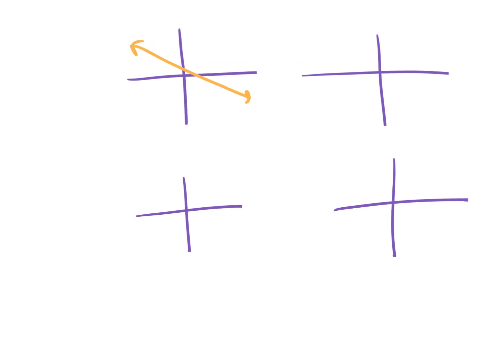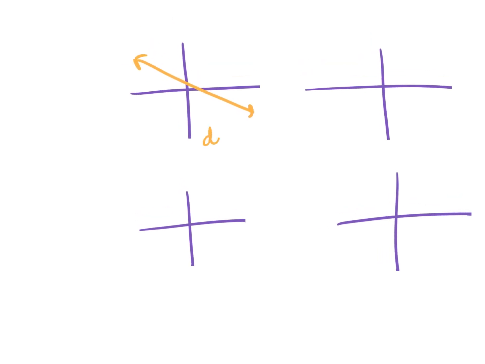Now there's 4 types of slopes that we can have. I'm going to draw 4 graphs so we can see them. The first one's going to be decreasing, which we just saw. We had a line that was going down. This would be decreasing slope. Our slope would be negative.